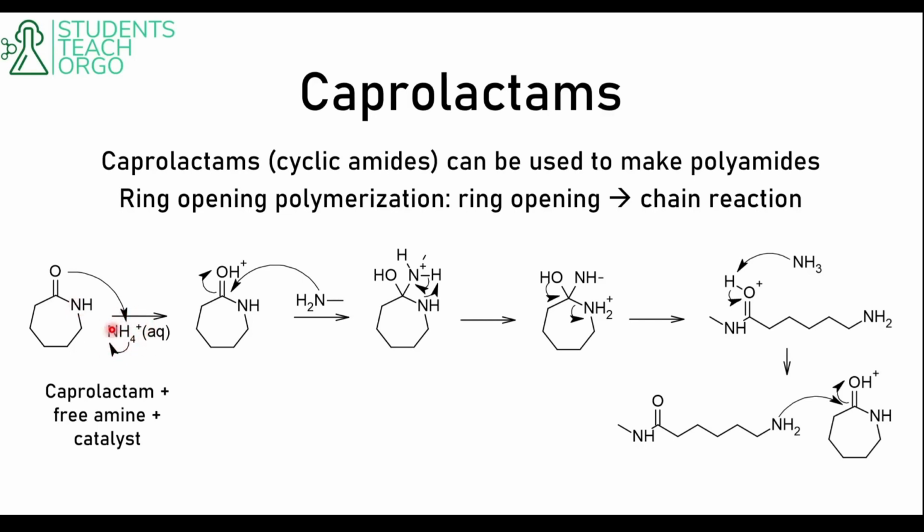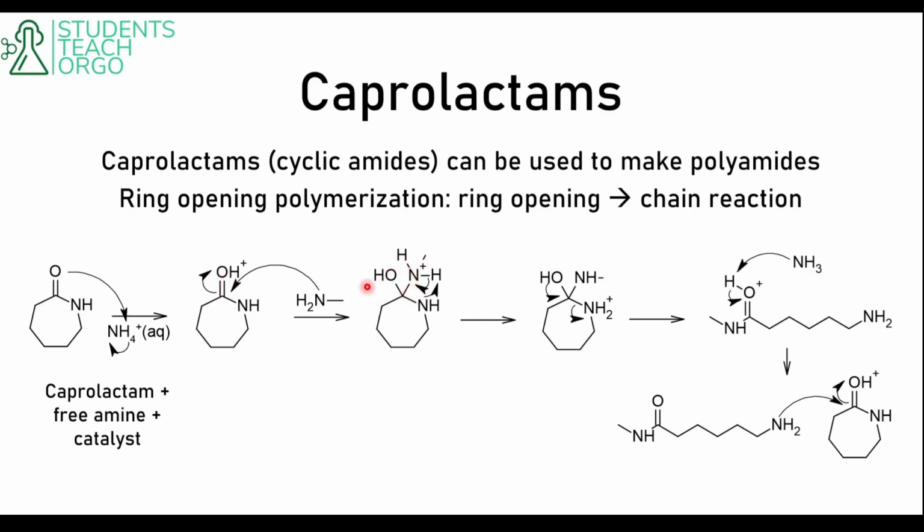And using the ammonium ion, we will protonate the amide oxygen and make this carbon here just a tad more partially positive. And then when we do make it more partially positive, this free amine that we have in solution can attack the carbon now. And then similar to the last mechanism, it forces the double bond up.